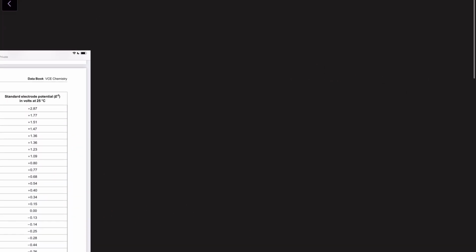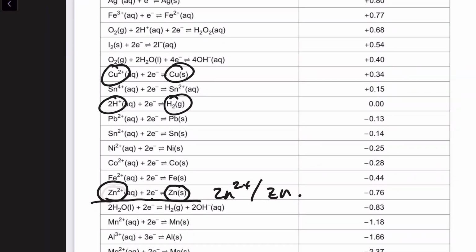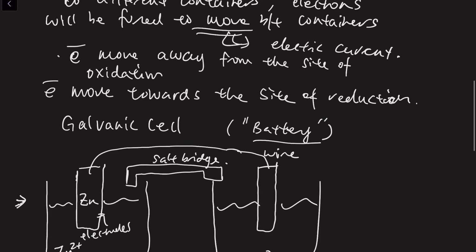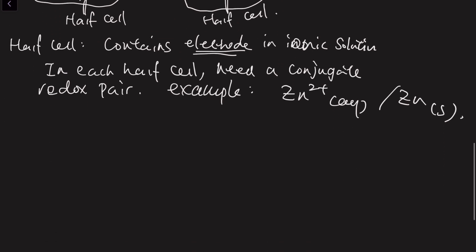If we have something like hydrogen gas and hydrogen ion, this would be impossible, since both hydrogen ion and hydrogen gas are not metal. So in this case, we are going to choose something different, and we will talk about the choice very soon.